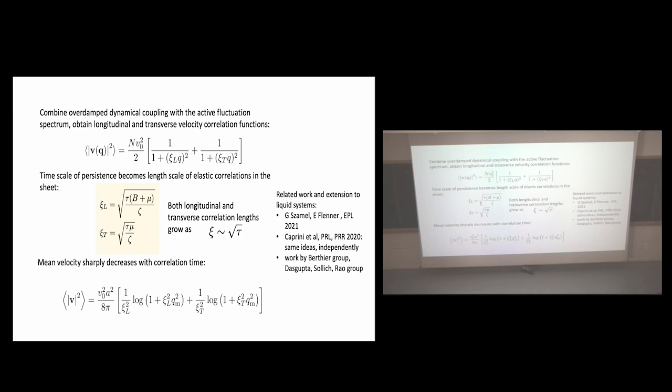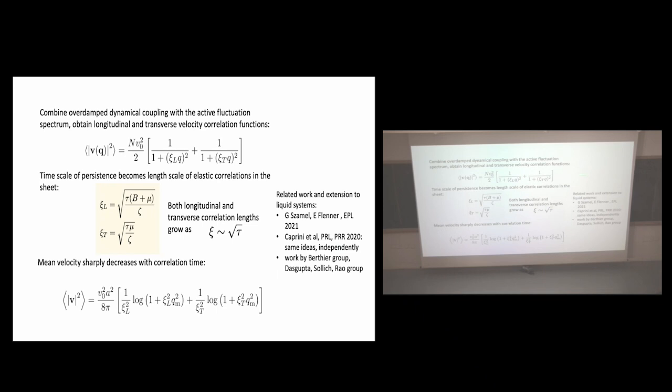So the time persistence here leads to a length scale. So longitudinal, for example, or say transverse here, square root of tau, persistence time, shear modulus, friction coefficient. So very simple, going like the square root of the persistence time. Again, this goes away when the system is passive. So there's a very explicit reason for why you see this mesoscopic correlation length. It is a linear response calculation, and it's actually surprisingly rather generic.